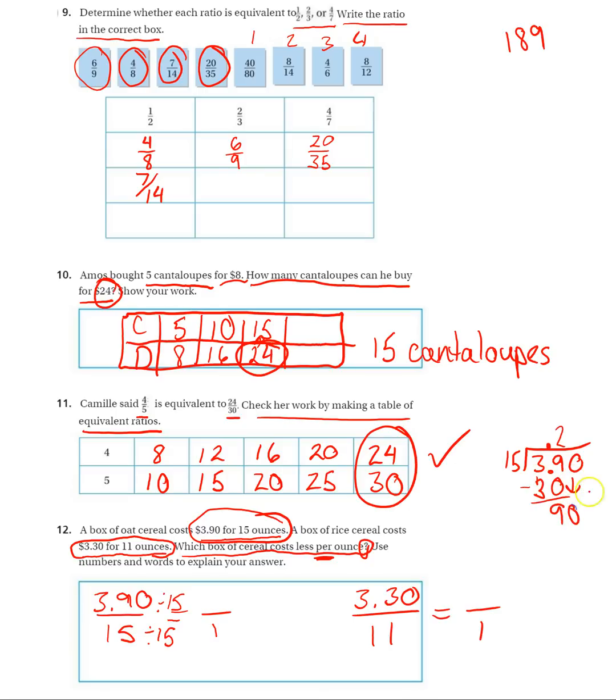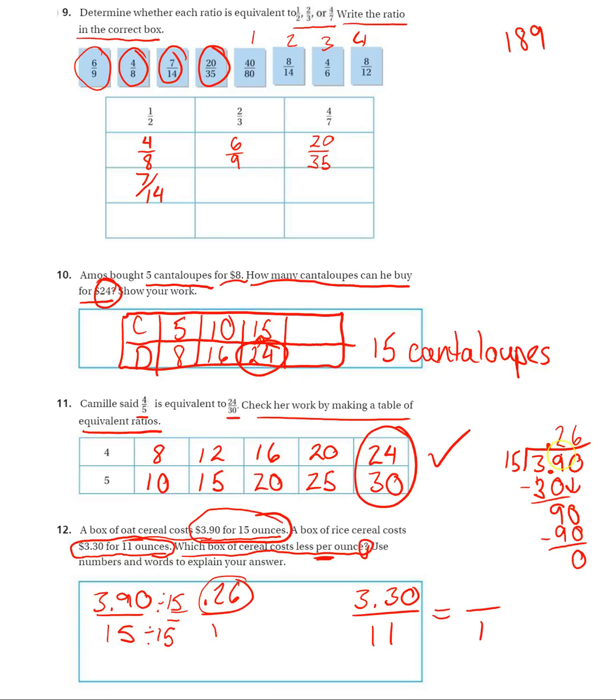Bring down. And 15 goes into 96 times. 6 times 15 is 90. Subtract gives me 0. So this one is 26 cents per 1 ounce. So that's how much the oat cereal costs. Okay, 26 cents for every ounce.